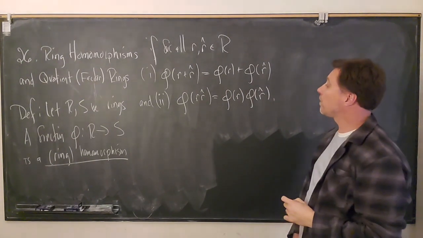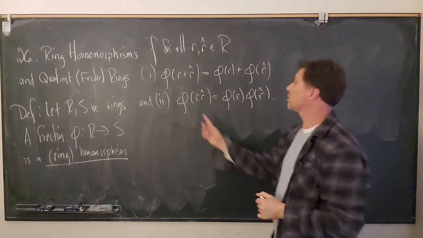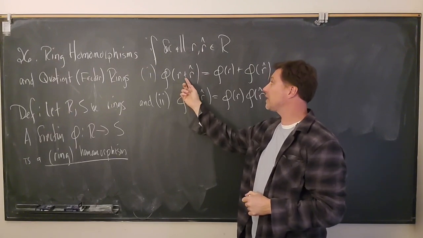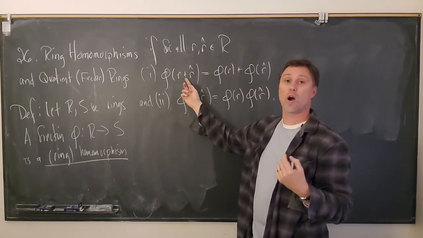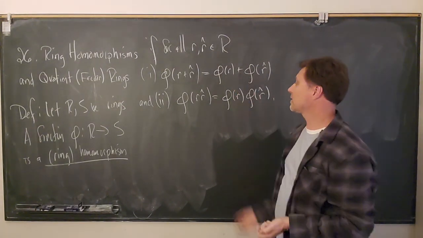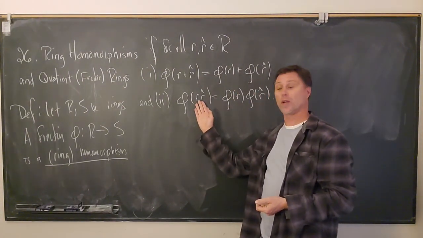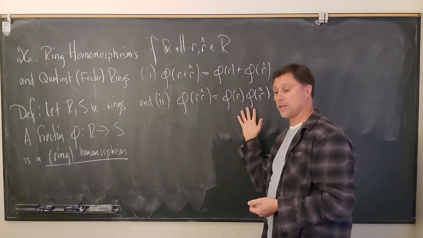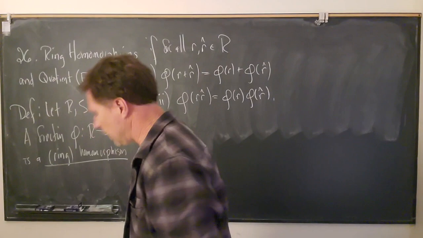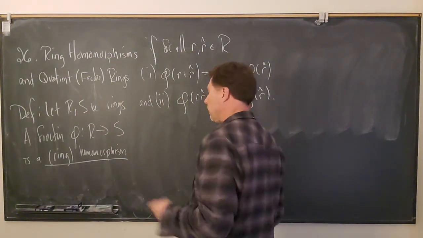And of course you want to remember from context what these different things mean. For example, that plus sign means the addition operation in R, while that plus sign means the addition operation in S. Same thing here. This is multiplication in R, this is multiplication in S. In the case that phi is a bijection, then we call it an isomorphism.